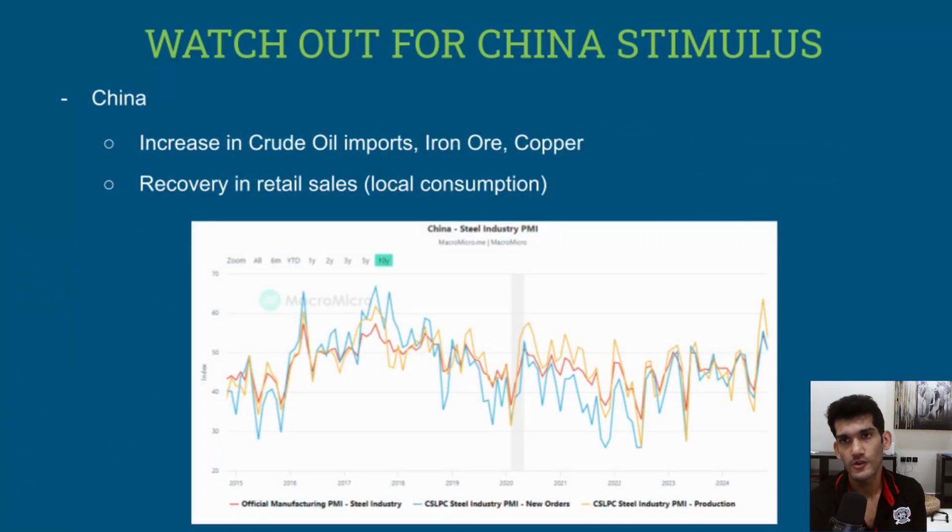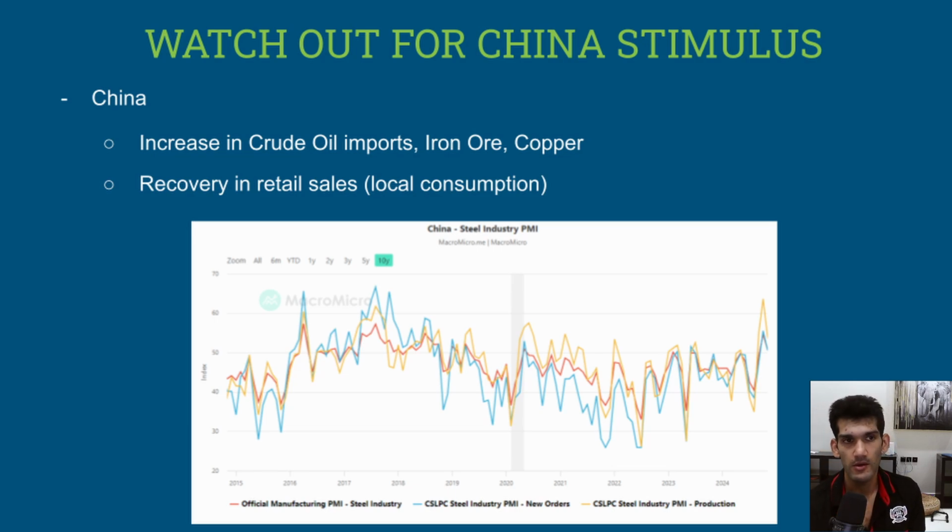Coming back to China, we've been talking about the stimulus done by the government. What does it mean to us? I was looking at this steel industry PMI from China, and it's finally crossed the 50 mark, which is basically indicating that it's finally in expansionary mode. That in itself doesn't mean that China is going to recover very quickly or it's on the mend already.